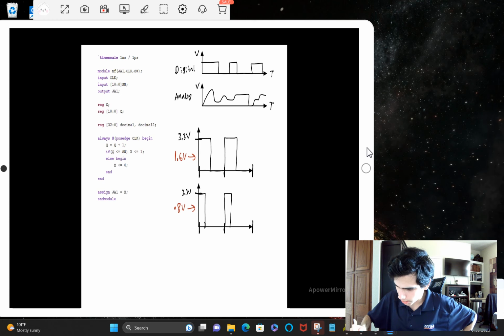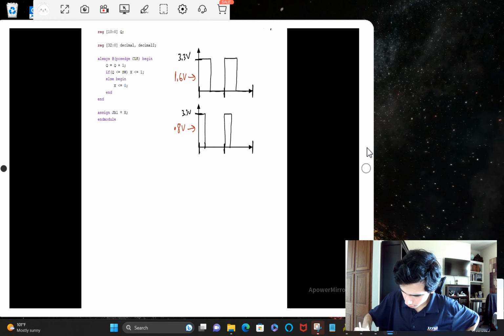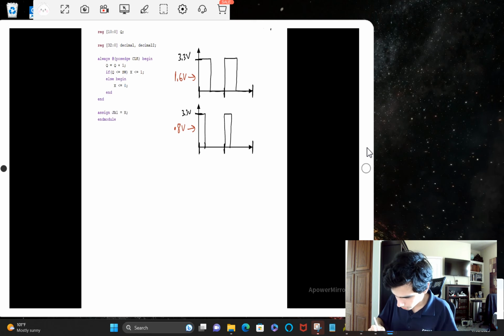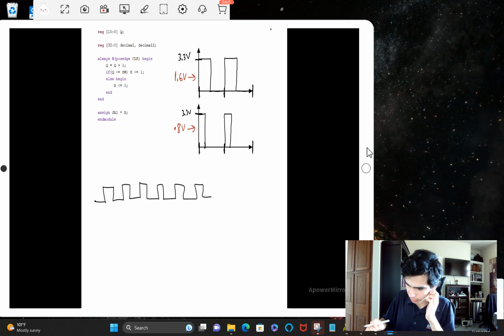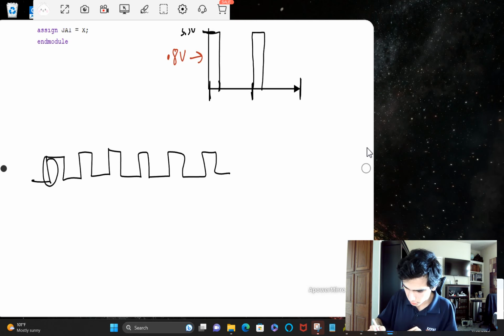Let's go through what's actually happening. Megahertz clock, just ticking like this. So Q might be equal to 0 there, Q might be equal to 1 here.